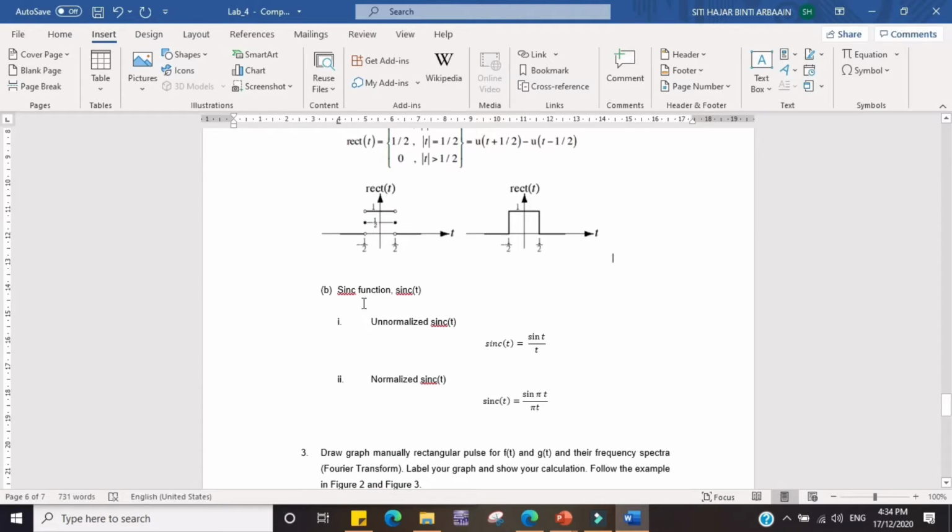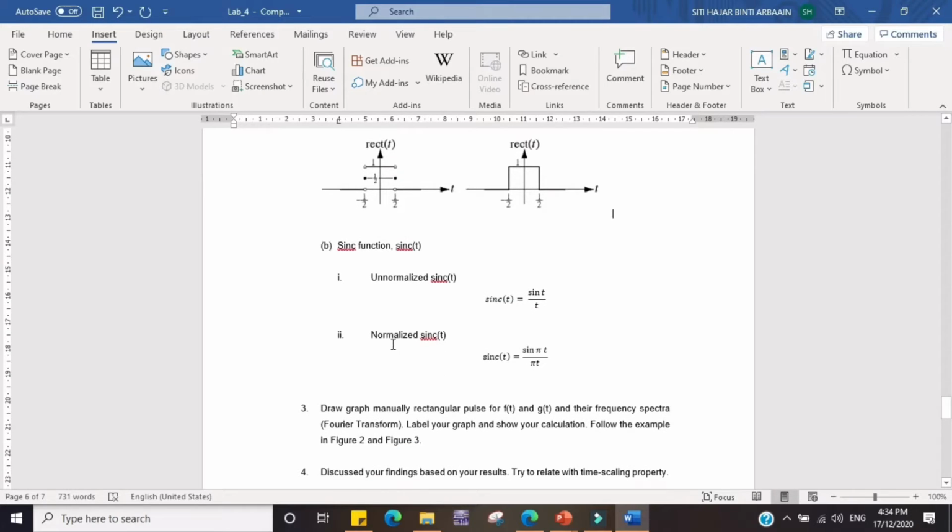For b, the sinc function, we have two types. First, the unnormalized sinc(t) = sin t over t, and the normalized sinc(t) = sin(pi t) over pi t.